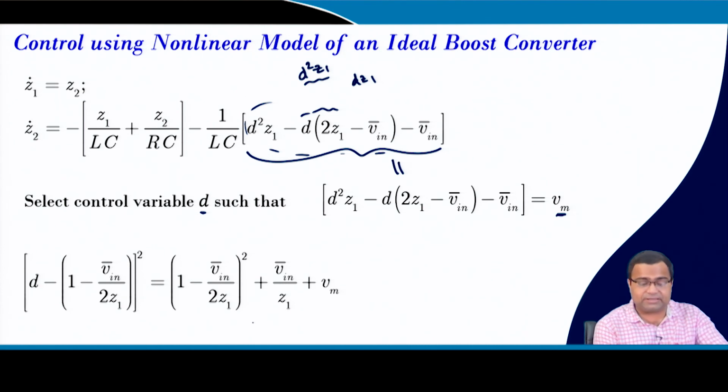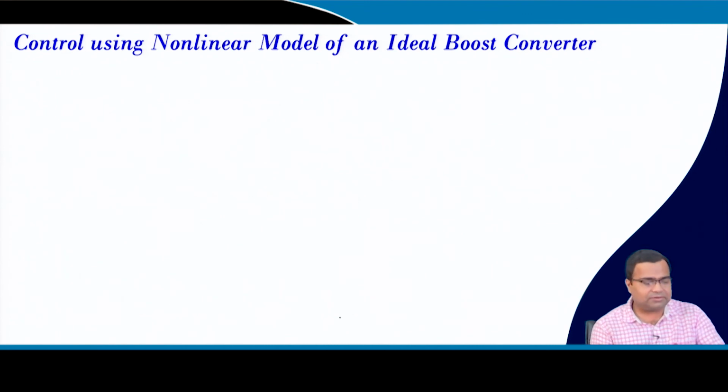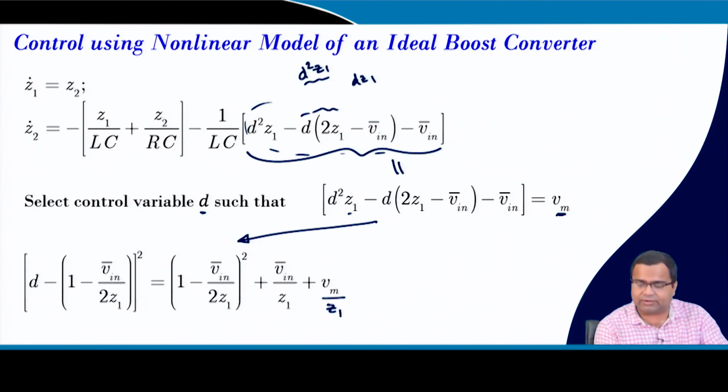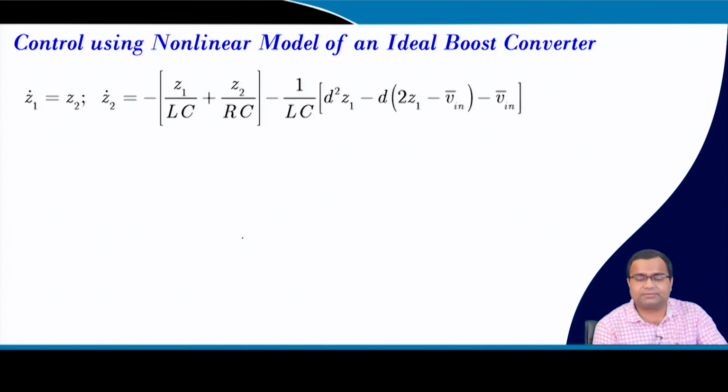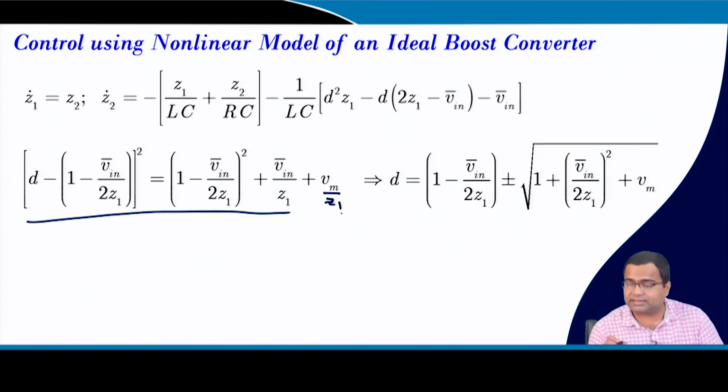That means, if I set this quantity, it should be Vm by Z1, then because we are dividing by Z1, this is twice D, and then we make it into a square form, and this function that we have to replace turns out to be Z1.